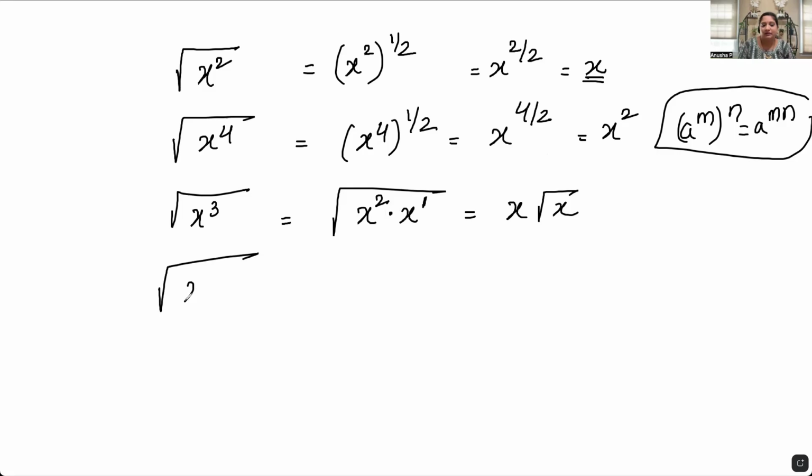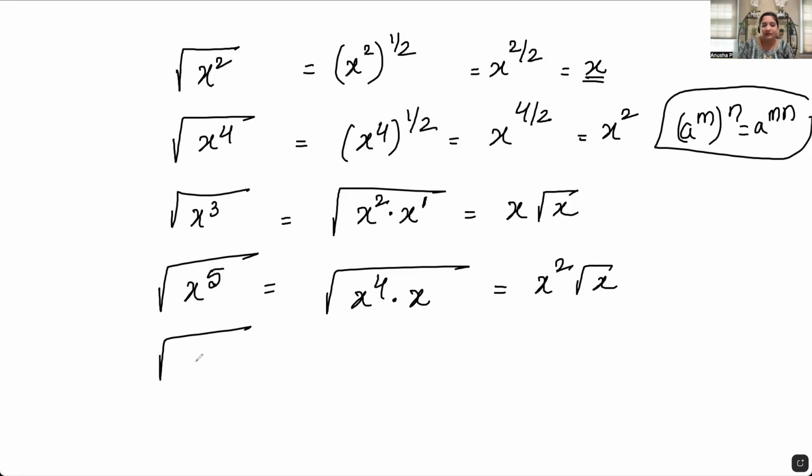What happens if we have the square root of x to the power of 5? We can do the square root of x to the power of 4 and x to the power of 1, or x. Again, x to the power of 4, 4 divided by 2 is x squared, and root x. If you have a variable a to the power of 11, we can do a to the power of 10 times a, or we can write a to the power of 10 times root a.